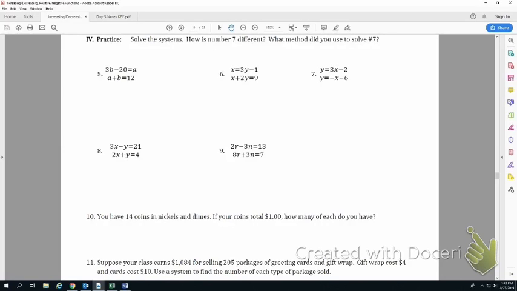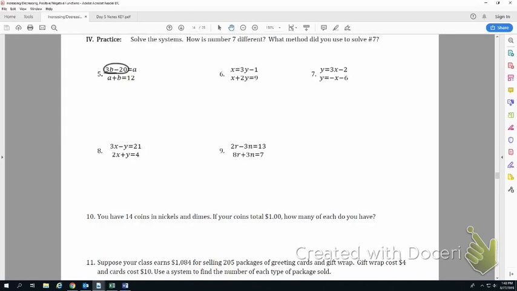So looking at, let's just go to 5. So would 5 be easier using substitution or elimination? Why substitution? Because I've got a variable that's already solved for. Okay, now this one looks weird because it's the equation then equals a, but I can do the same thing.